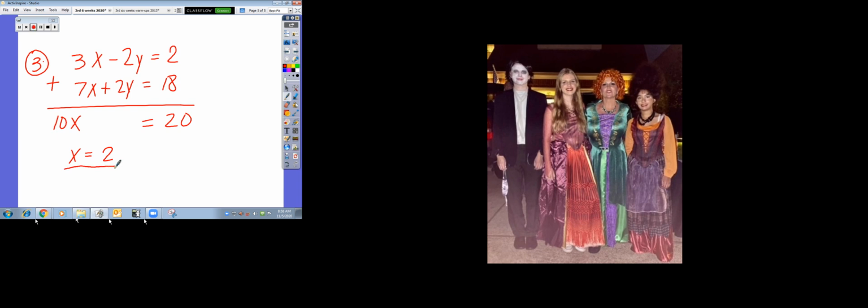So wherever I see an x, I'm going to put a 2. I'm going to go back to my top equation that said 3x minus 2y equals 2. I just figured out that the x value of my answer is a 2. So instead of 3 times x, I'm going to do 3 times 2. Well, that's 6 minus 2y equals 2. What do I do next?